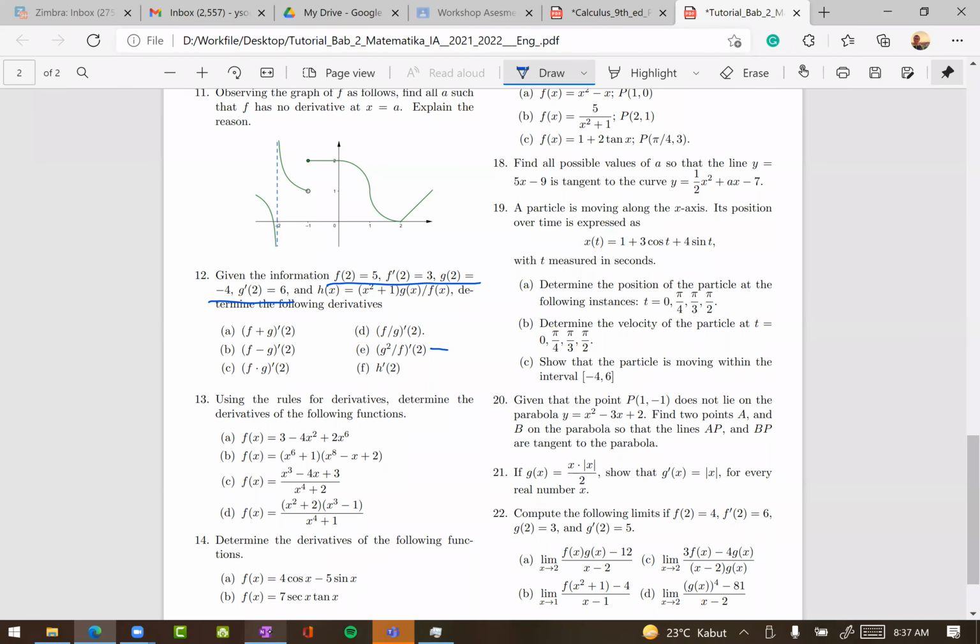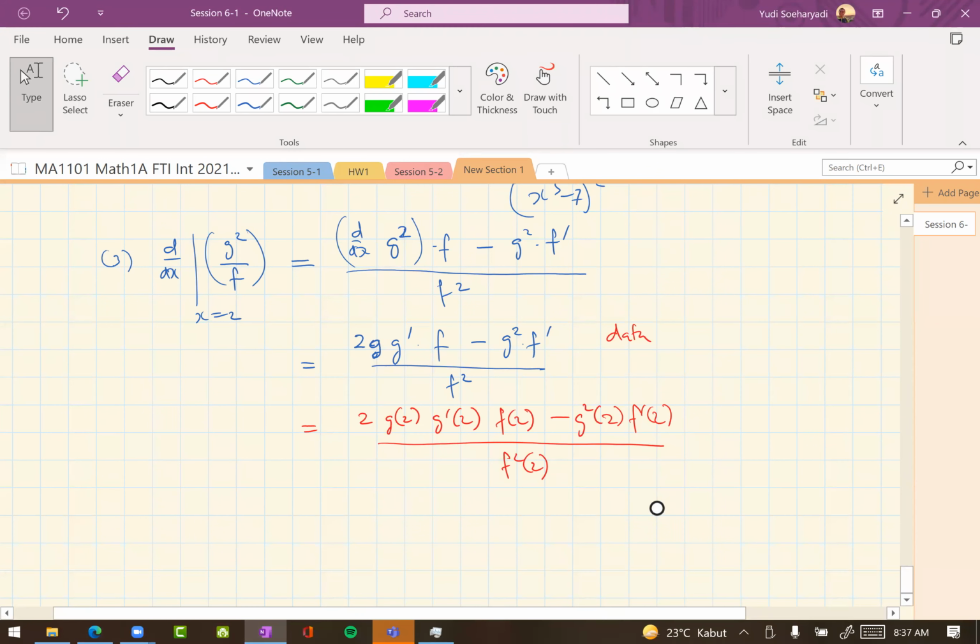So let's find this out. 2 times g of 2, which is negative 4, g prime of 2 is 6, f of 2 is 5, g squared of 2, f prime of 2 which is 3, over f of 2, 5 squared.